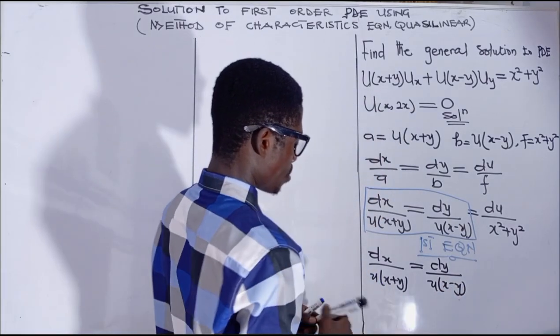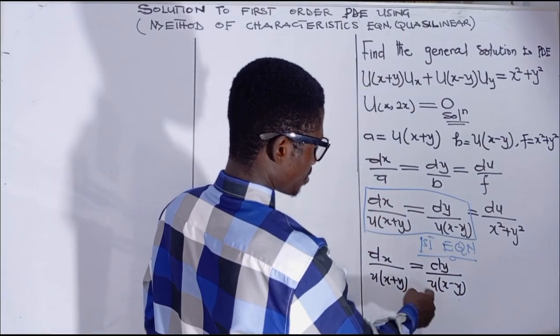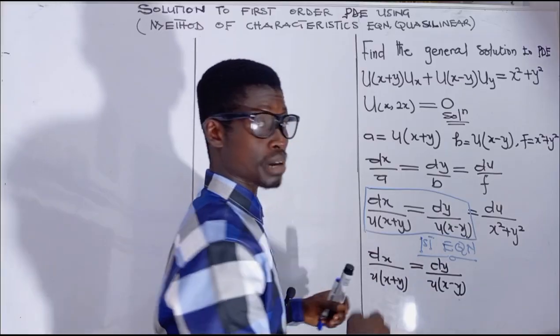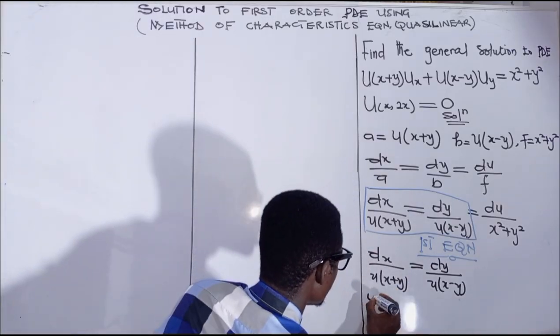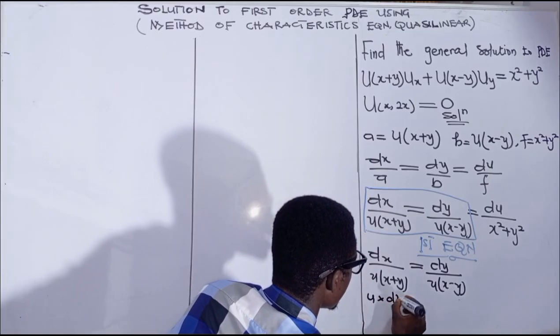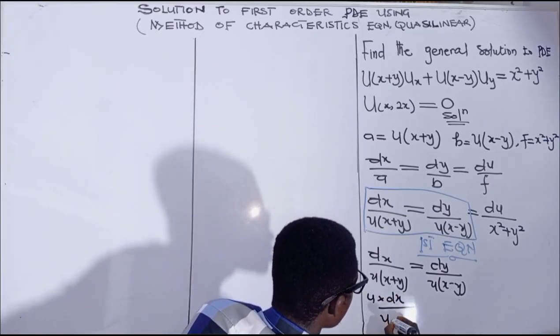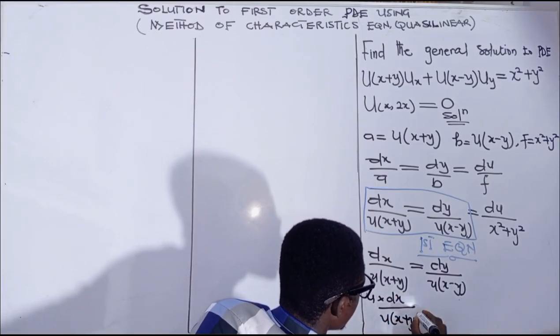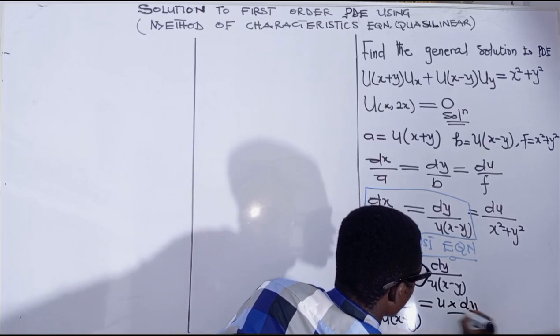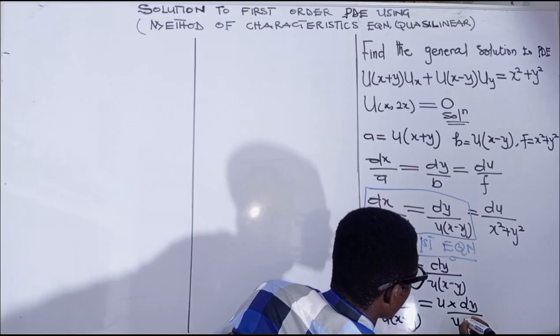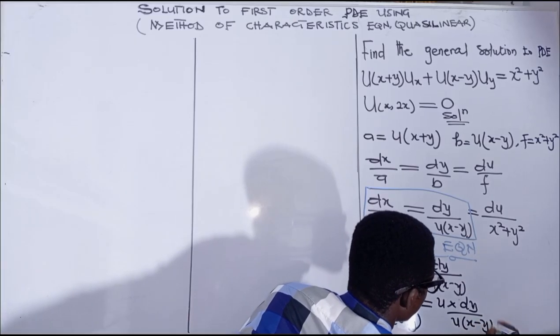Now let's clear the u from both sides of the equation by multiplying both sides by u, so that this u and u will go away. So we have u multiplying dx all over u x plus y, and then u multiplying dy all over u x minus y.